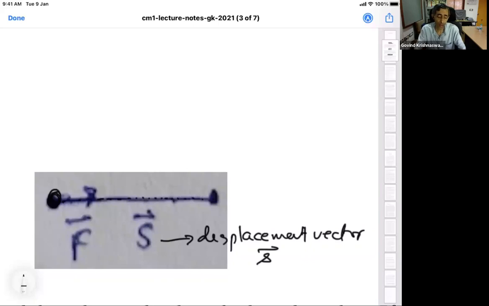The force doesn't change. Let us keep things simple. The force is constant. It pushes the particle from a point A to a point B, say a point whose vector location is A and a point whose vector location is B. Then the displacement S is given by what formula?